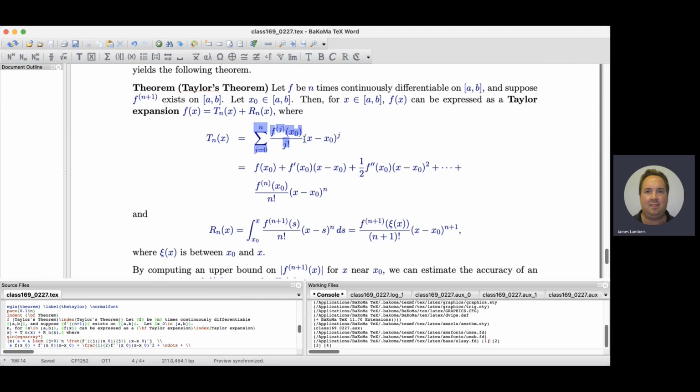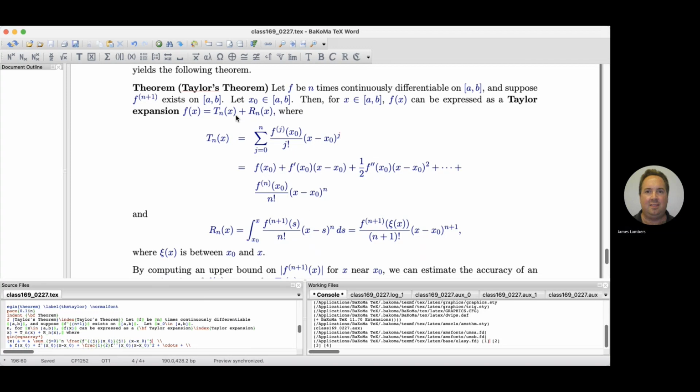So here is the nth degree Taylor polynomial, where I've written out the first several terms and also the last term. So all you're doing is you're evaluating all the derivatives of f at x naught from 0th derivative all the way up to nth, divided by j factorial, and then you're multiplying by x minus x naught to the jth power.